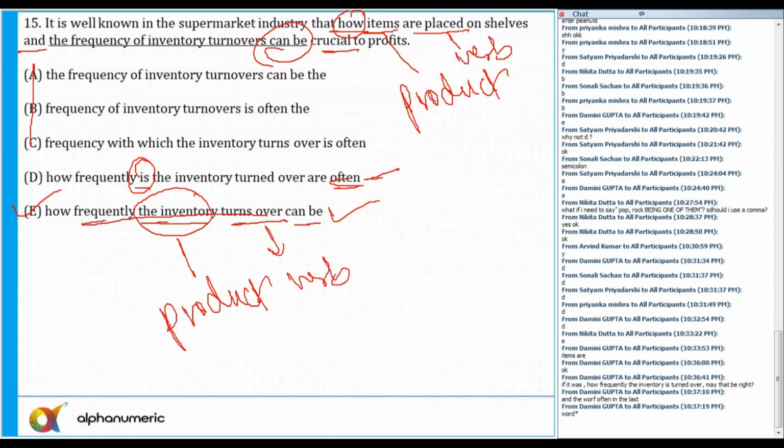But if I look at number D, even before the product I have used another verb. What is the need for this? I don't think D is right. E should be the answer for question number 15. I'll go with E.